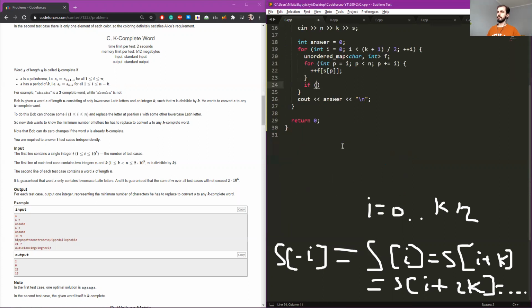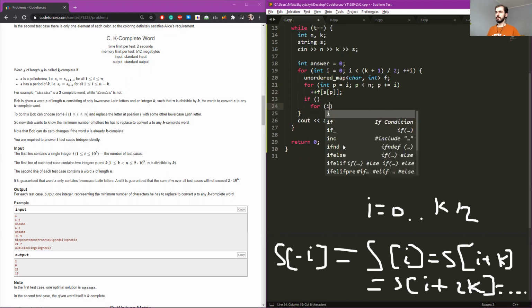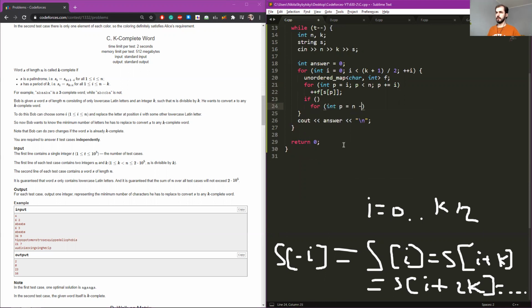Also, if something is for positions this, we will also, if times i not equals k. Is it the condition?